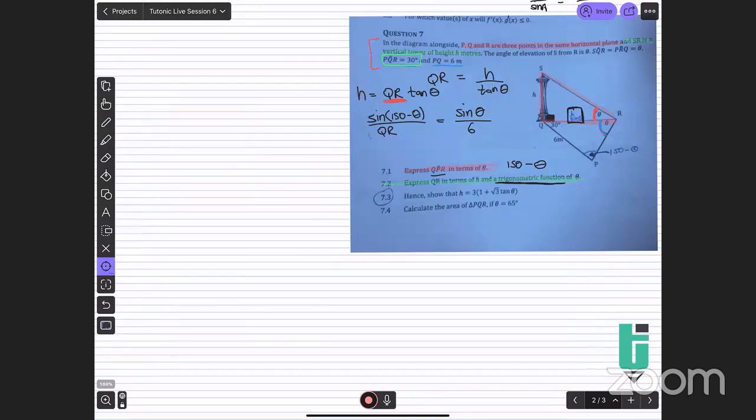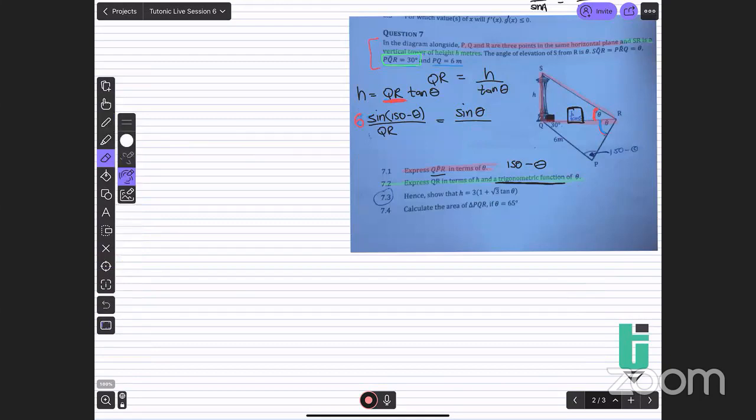So I'm thinking you have to find another expression for QR that doesn't have this H over tan. Can't you multiply out by QR? Yes, and if we multiply by the 6, it becomes 6 there, and that goes away.